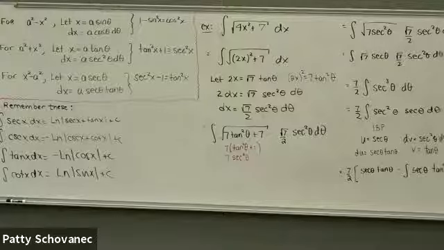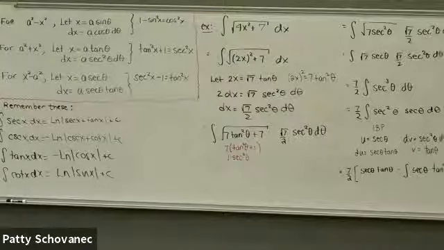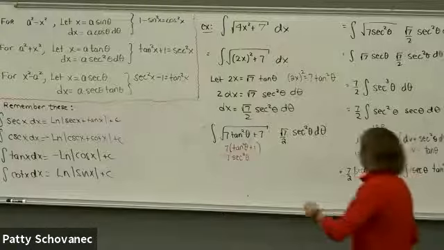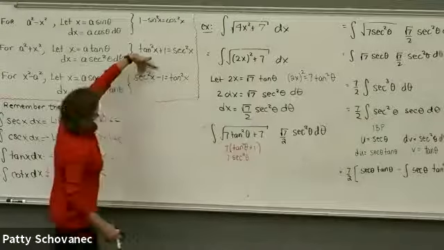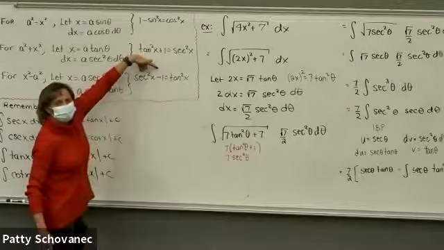Anybody here integrate secant times tangent squared of theta? Replace tangent squared with secant squared minus 1.